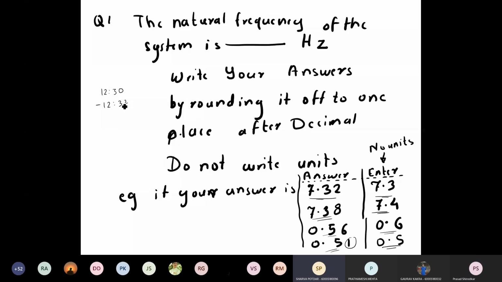Sir, could you show the equation again? The equation is the same as that of the last time.